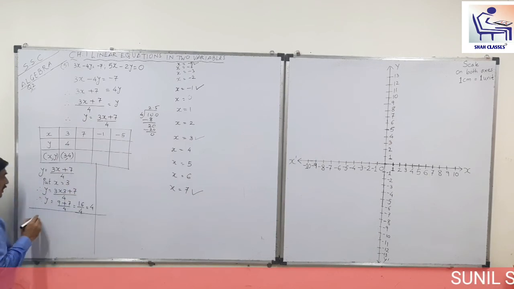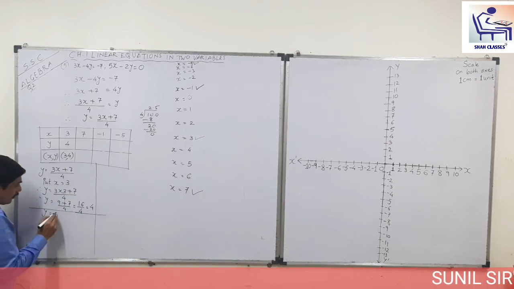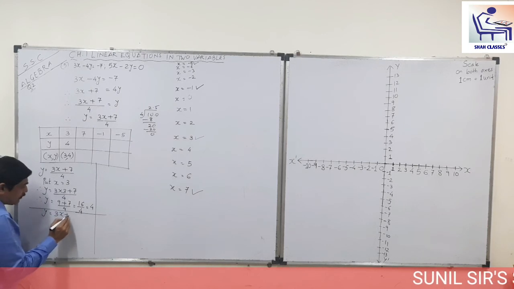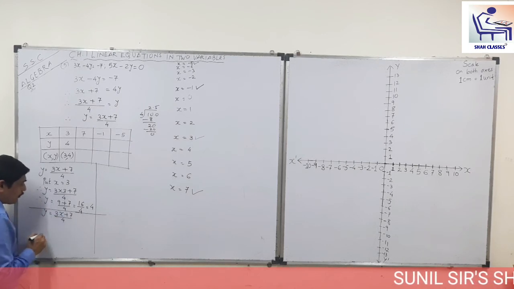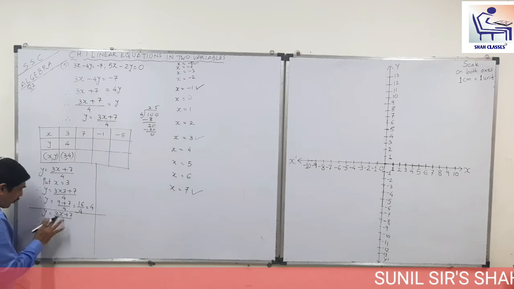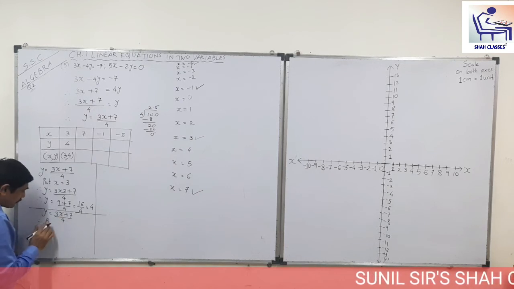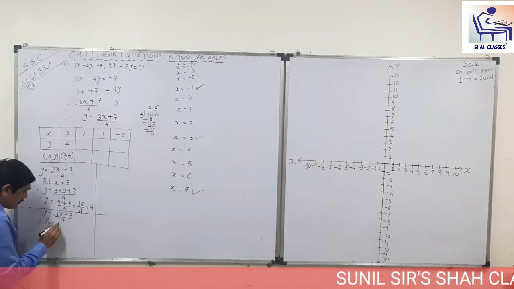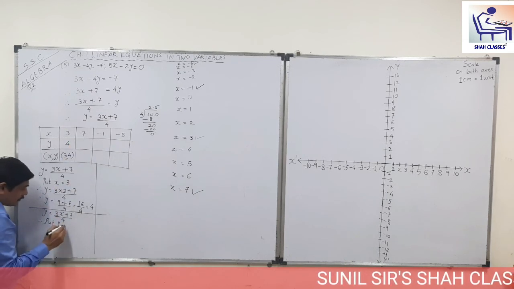We will go for the second value. y is equal to 3x plus 7 upon 4. Put x is equal to 7.